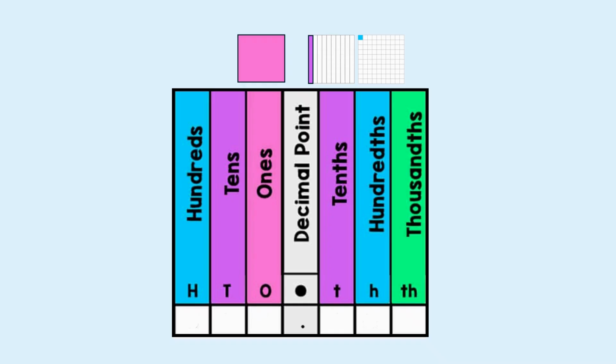It's quite difficult to show a visual for that, but thousandth would be 1 out of 1,000 parts of the grid. And we can also think about moving left. If ones is like a whole grid, then tens would be 10 lots of that whole grid, and hundreds would be 100 lots of the whole grid. So that's getting bigger as we move to the left, as opposed to getting much smaller as we move to the right.